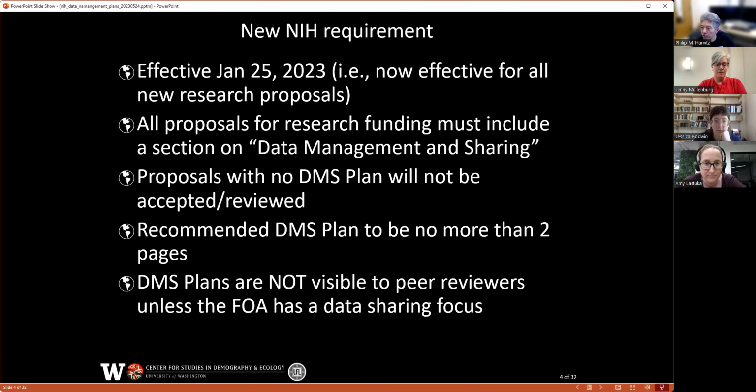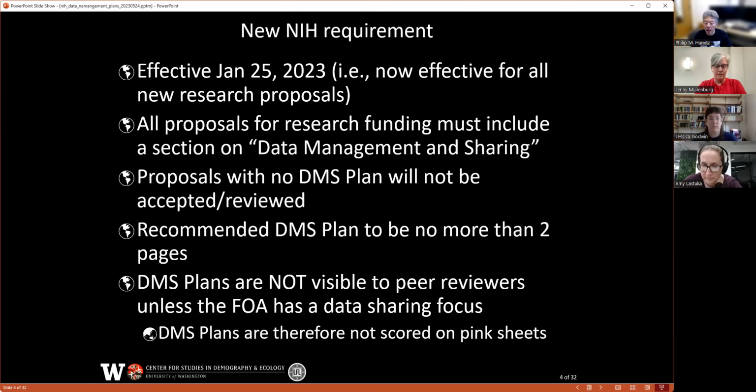This is really important for people that are making proposals: the plans themselves are not visible to peer reviewers unless the funding opportunity announcement specifically has a data sharing focus. If your proposal is for doing some kind of data sharing, then obviously the data sharing plan would have to be available to peer reviewers.